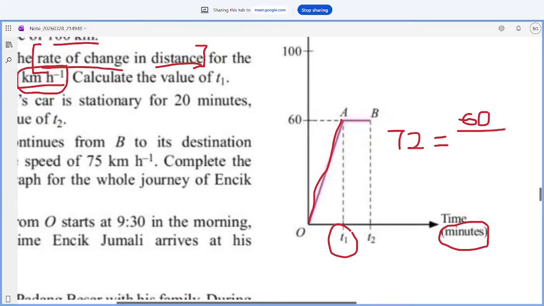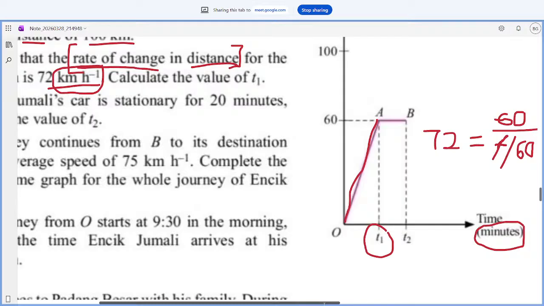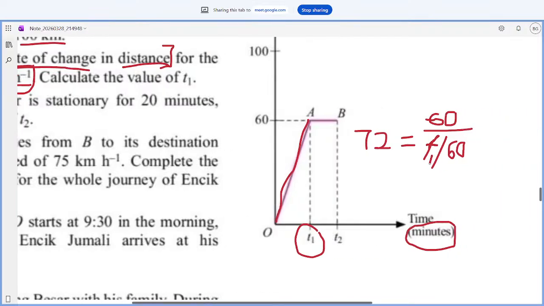Time you must divide by 60. So basically T divide 60. Selesaikan untuk T lah. Just solve for your T value, then you get the answer. T1, you guys can label T1.